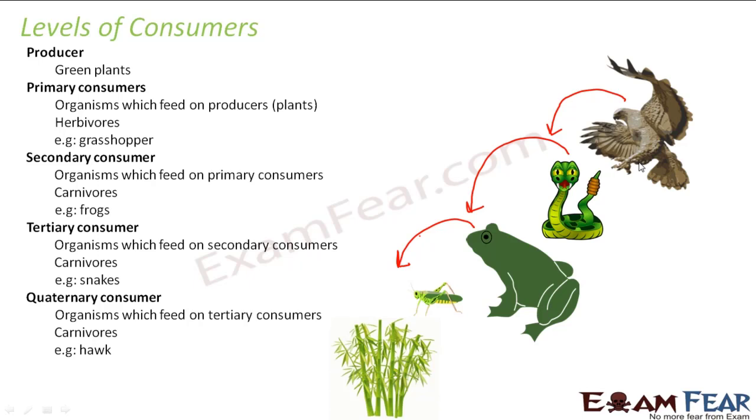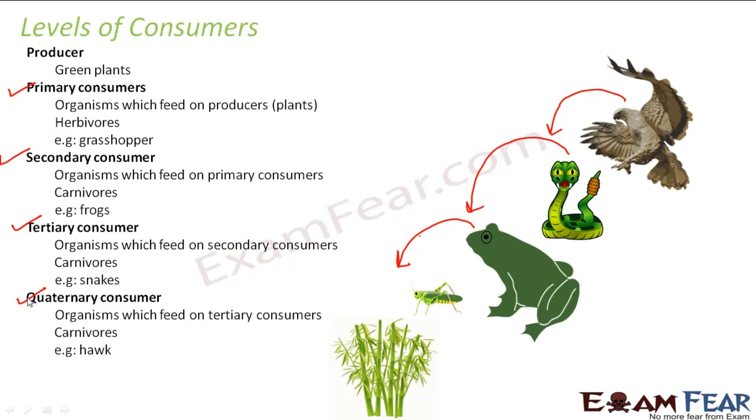Because if the hawk would have been feeding on an animal which is directly dependent on plants, that is, if the hawk would have been eating a herbivore, in that case the hawk would have been the secondary consumer. But that is not the case. So the level keeps increasing: primary consumer, then secondary, then tertiary, and then quaternary consumer.